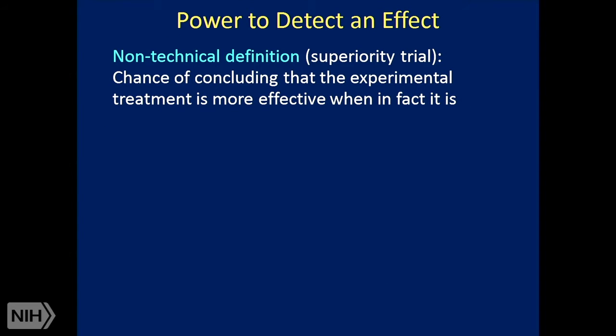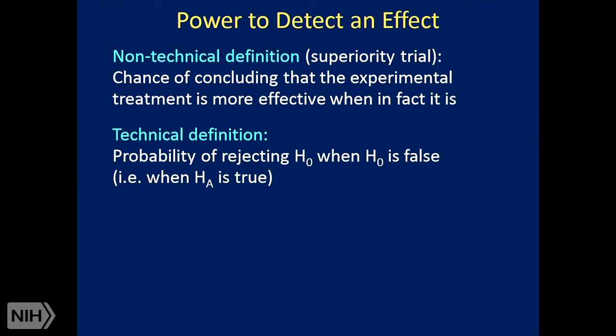And just like I did with alpha, the non-technical definition of power is the chance of concluding that the experimental treatment is more effective when in fact it is. That's the power. The technical definition is the probability of rejecting H0 when H0 is false. So we're making the right conclusion.